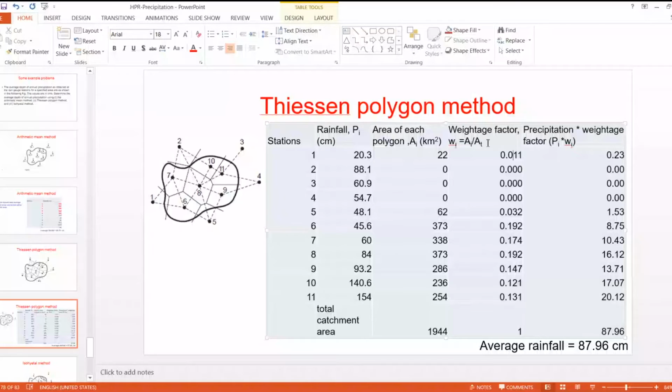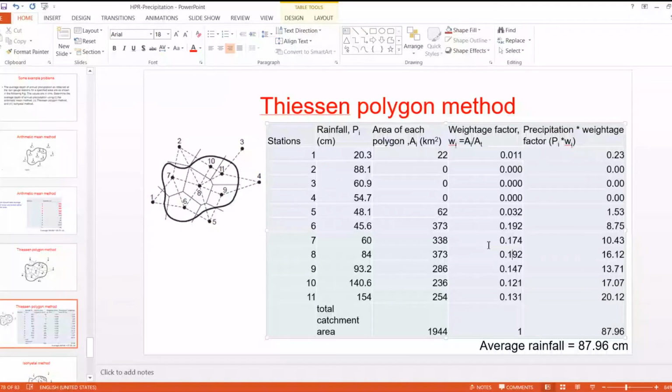The total catchment area is given here, 1944 kilometer square. So 22 by 1944 is given as 0.011. Similarly, we have to find the weightage factor for all the rain gauge stations, and you can see that the maximum weightage factor is for station number 8, as well as station number 6.